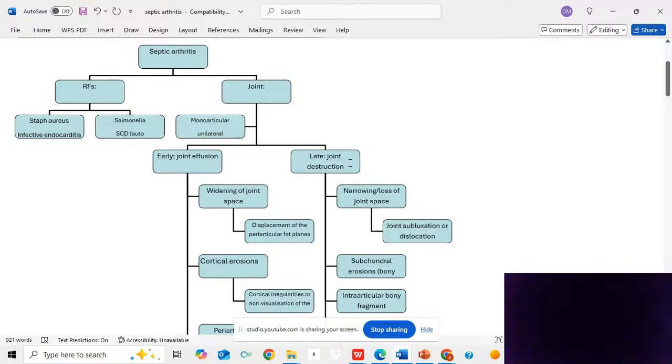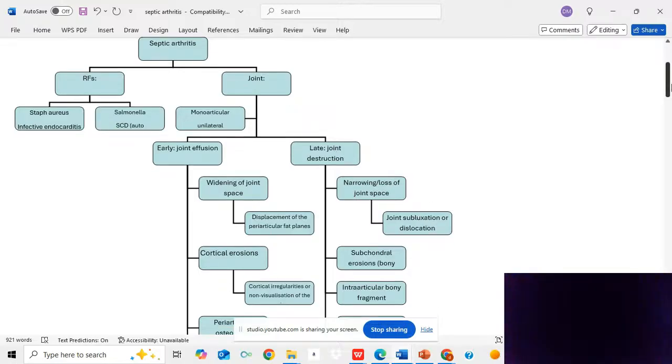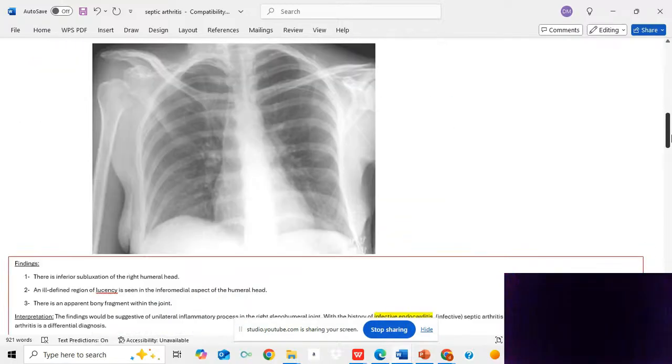So this late case, if you look through its previous imaging, you will most likely see widening of the joint space before the narrowing and the joint subluxation and the joint dislocation you see right now.